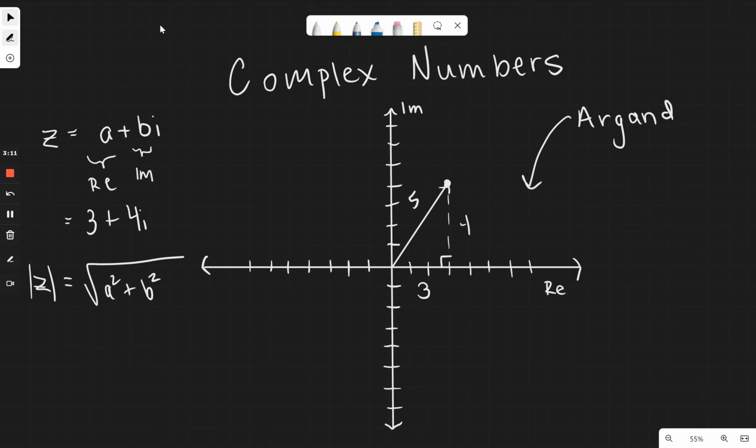Another thing worth mentioning that you'll commonly see is the complex conjugate. The complex conjugate is denoted by z with this sort of line over it, and it's a minus bi.